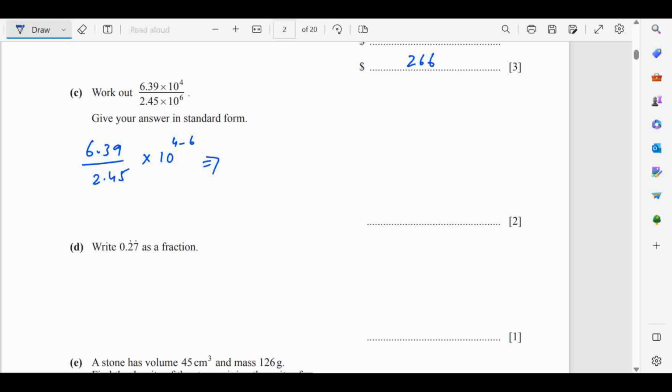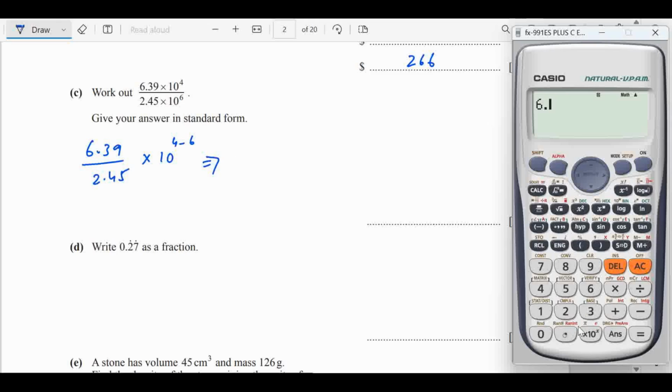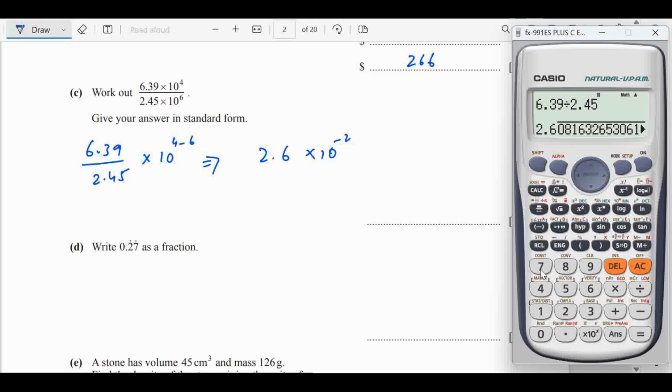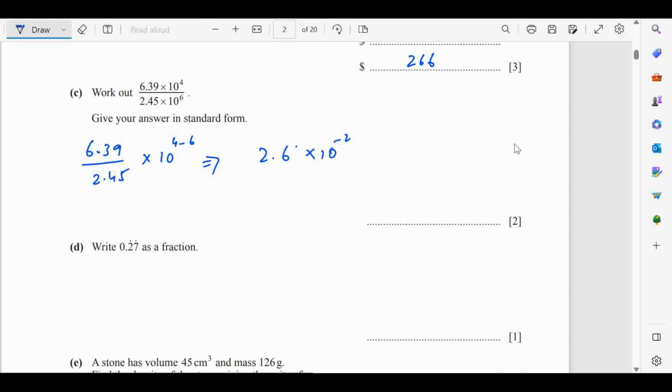From here, 6.39 divided by 2.45 equals 2.6 multiplied by 10 raised to power minus 2. As we can see, this will be 2.6081 and so on. So we can write it as 2.61 multiplied by 10 raised to power minus 2. This is the standard form, and this will be the final answer.